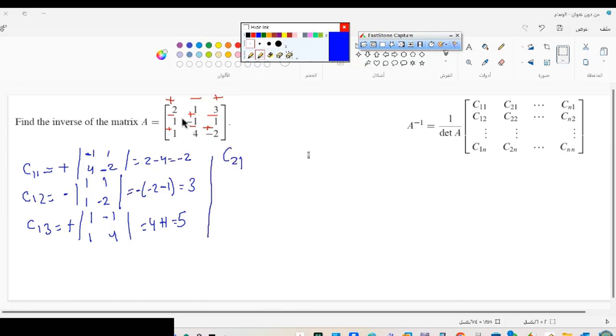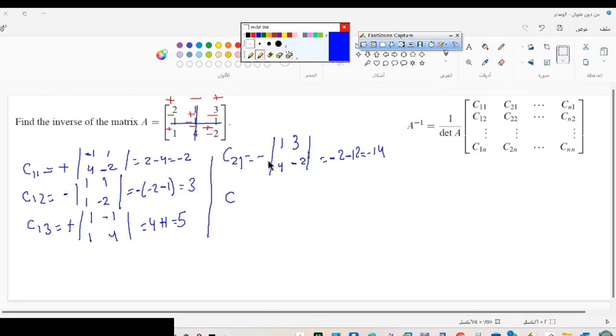C21. This is the C21. Cancel this, it's minus. Here 1, 4, 3, minus 2. Minus 2 minus 12 is minus 14. Cancel this, this is minus.